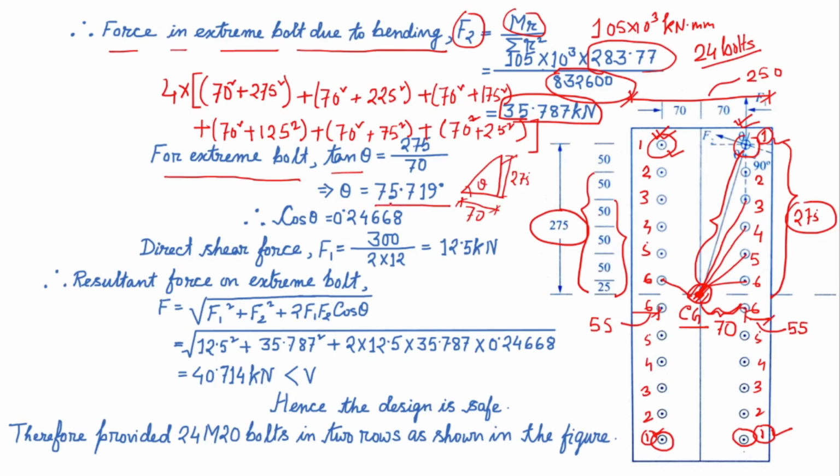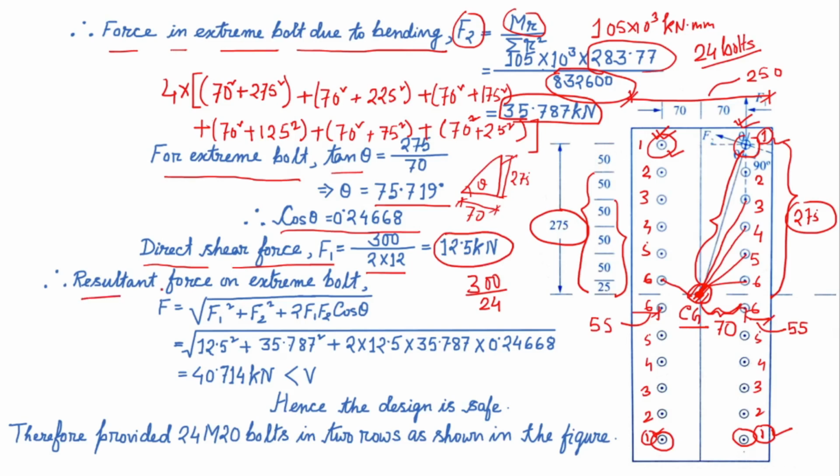Theta we have calculated as 75.719 degree. So therefore cos theta is this much, 0.24668. Now direct shear force F1, 300 kilonewton divided by total number of bolts. So total number of bolts is 24. For each bolt the direct shear force is 12.5 kilonewton.